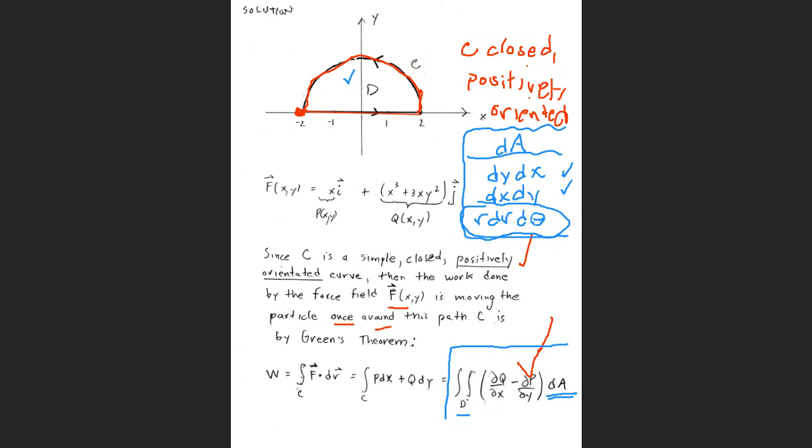Okay, well, we just go ahead then and use Green's theorem. So here we go. We're trying to compute this work. And we recognize the sum of these two line integrals is equal to the work. But we use this notation, right?